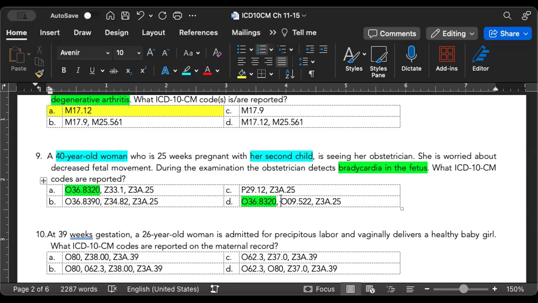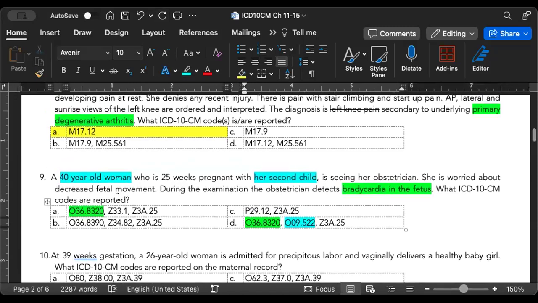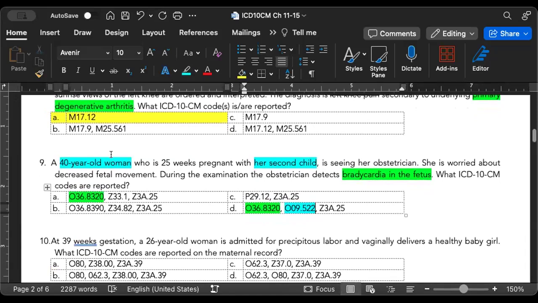So that's going to give us O09.522. So even though they're not physically telling us that this is a geriatric or elderly pregnancy, because they are giving us the age of the mom, which is 40 years old, we know that 40 and over is considered an elderly or geriatric pregnancy. Yes, your weeks of gestation will typically always be last.